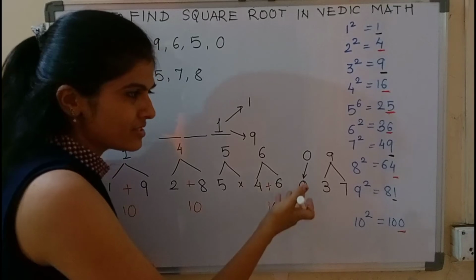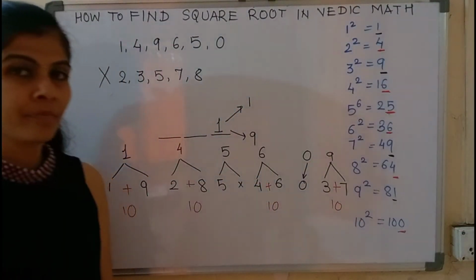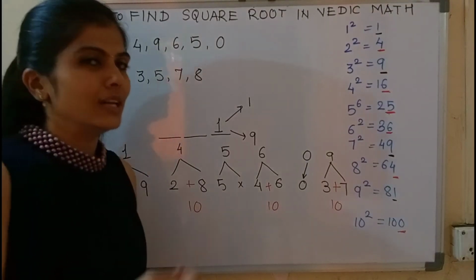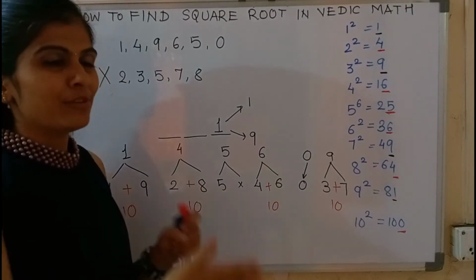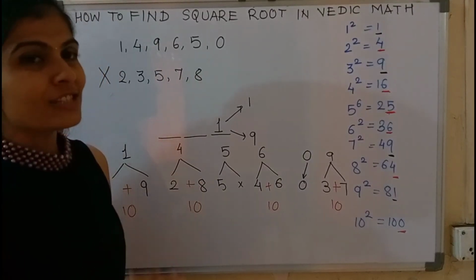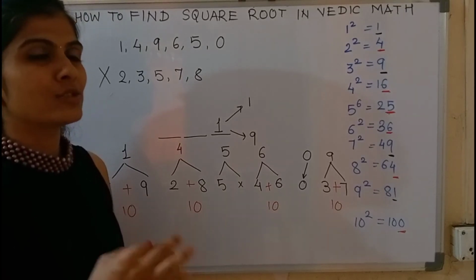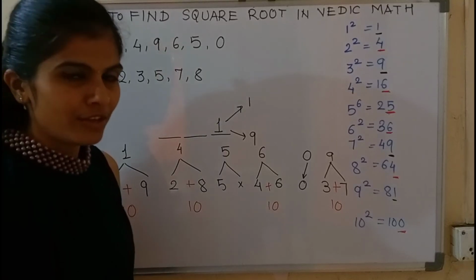It already ends with 0, so we are not going to do it. So now if you look at one number, you can decide what the other number could be. This is the fundamental which you must understand before starting the method. Now just by looking at the number, we can decide what the perfect square root of the given number should be. Let's have a look at some of the questions.